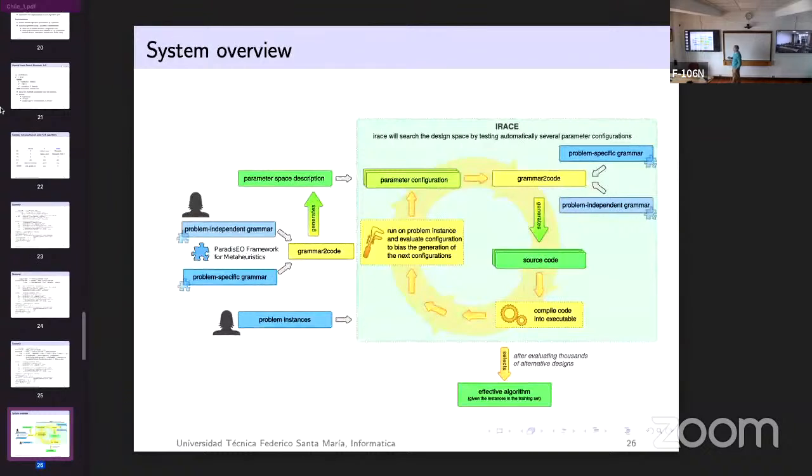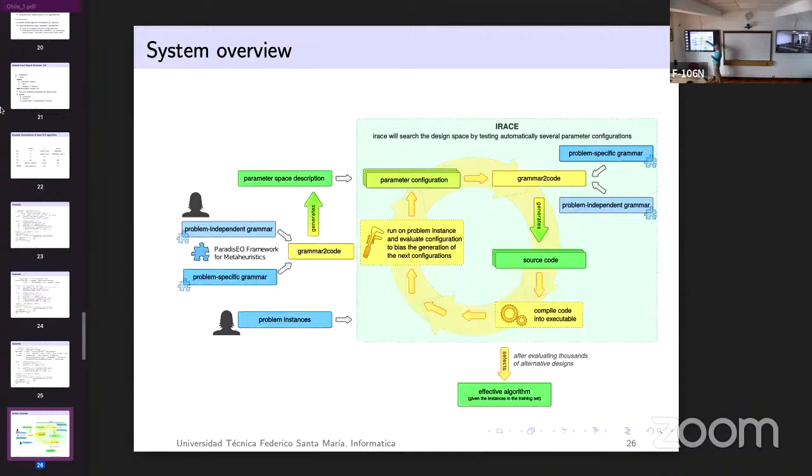And so the system overview is one has a problem-independent grammar and a problem-specific grammar. From this, a grammar code is generated. It has a parameter instantiation. You have here the parameter instances, and then you have the parameter configuration.